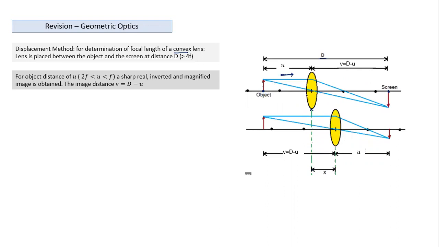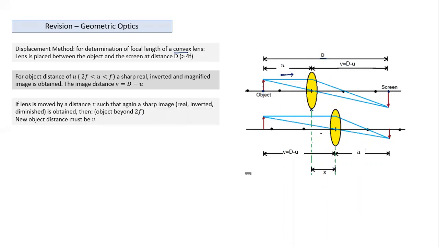This makes easy sense in terms of the formula also. If the first object distance was u, the image distance will be v, and v will be equal to d minus u. So when the object distance is u, the image forms at v; if the object distance becomes v, the image will form at u. Those distances are interchanging.